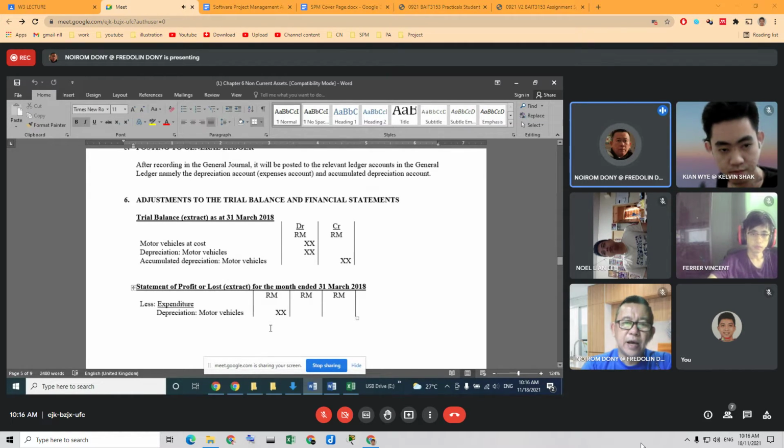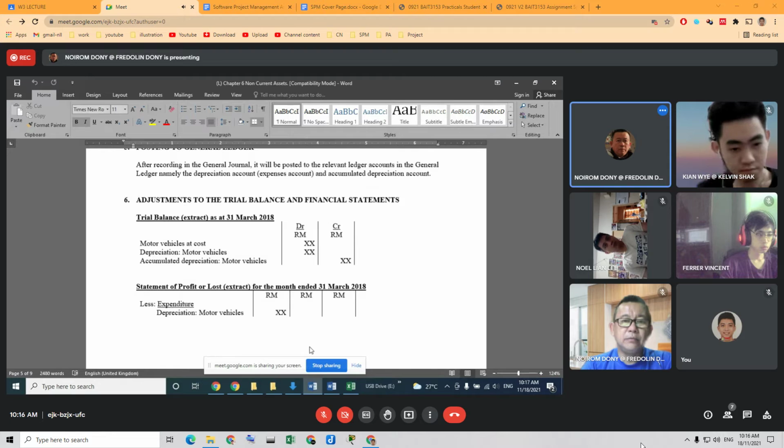Then after we have the total, we put it on the second column. The second column is where we list all the expense types. One of them is depreciation, followed by utilities, salary, electricity. Then after that, total expenses, we put on the last column. So that is the reason why we have all these columns.